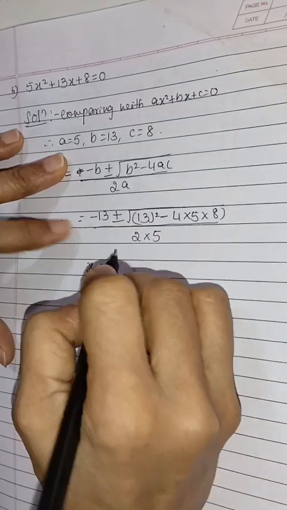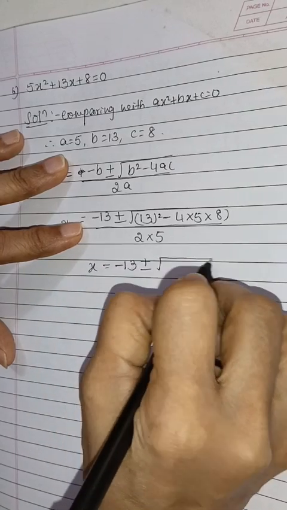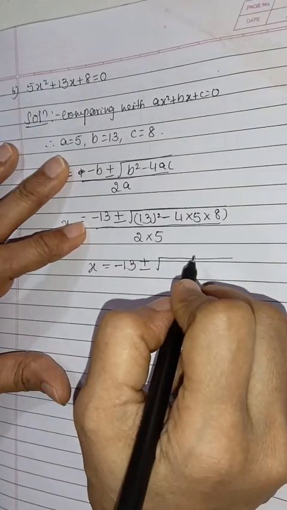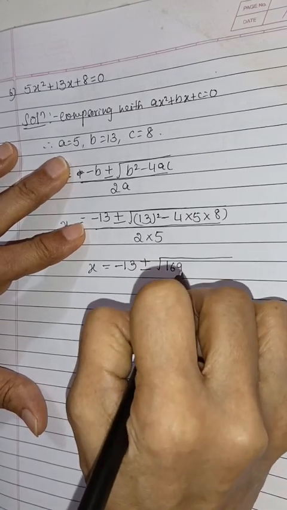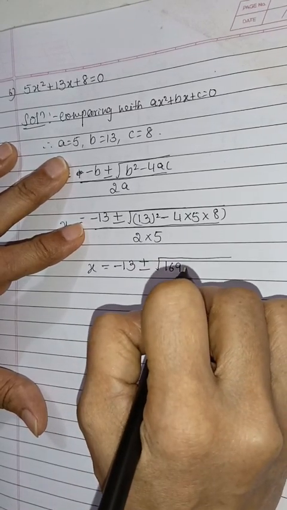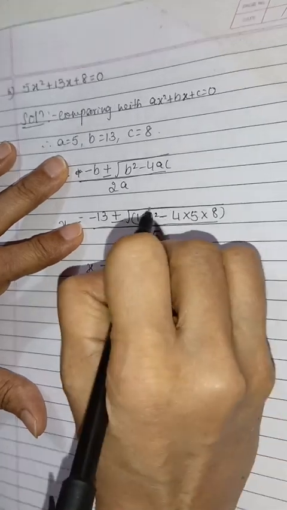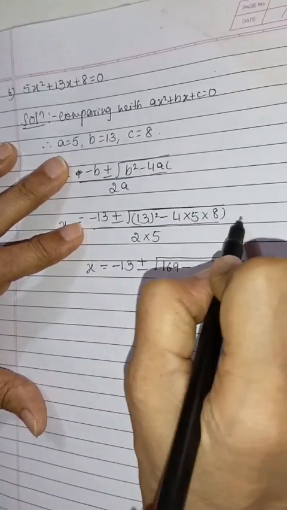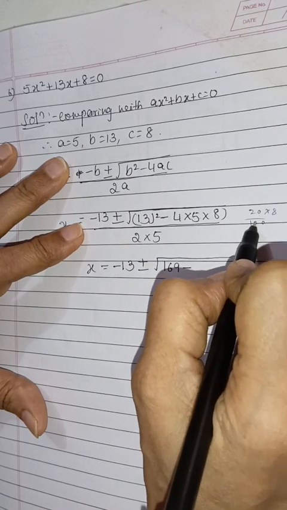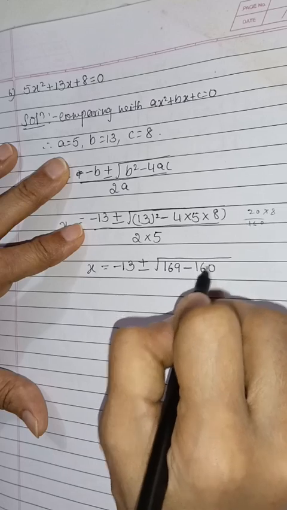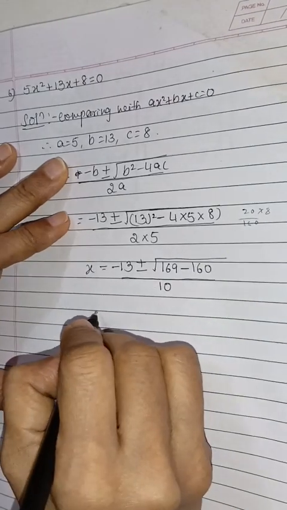Therefore, x is minus 13 plus or minus, 13 13s are 169. And minus 4 5s are 20. 20 multiplied by 8 is 160, divided by 5 to the 10.